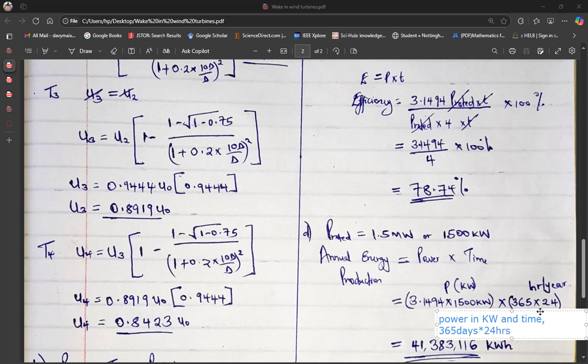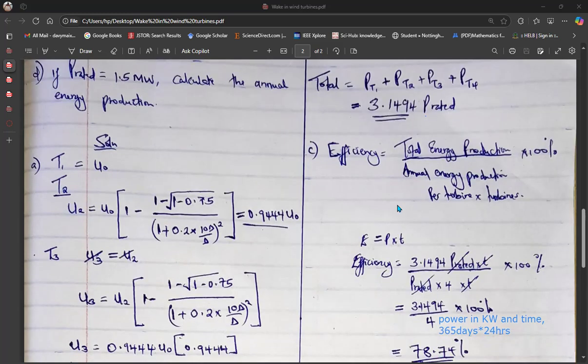So we had the 3.1494 from here, and then P rated.